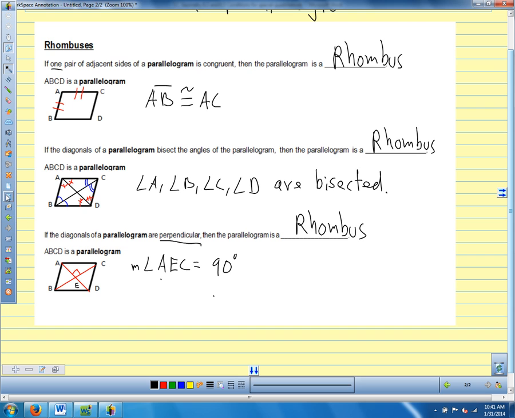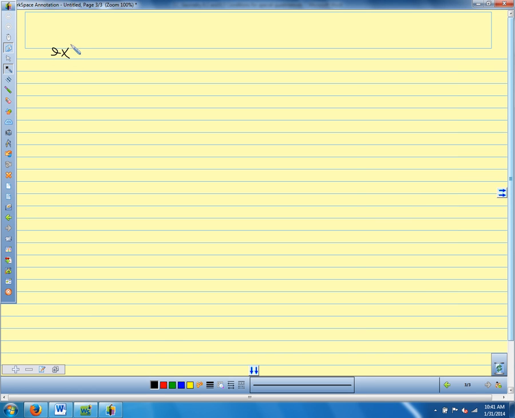Okay, just want to do a couple of examples, and then we will talk about last night's homework. So for these examples, I want to know, is the parallelogram a rhombus, rectangle, or square?